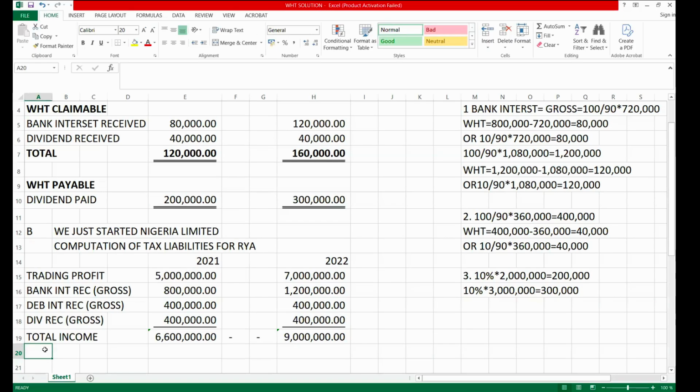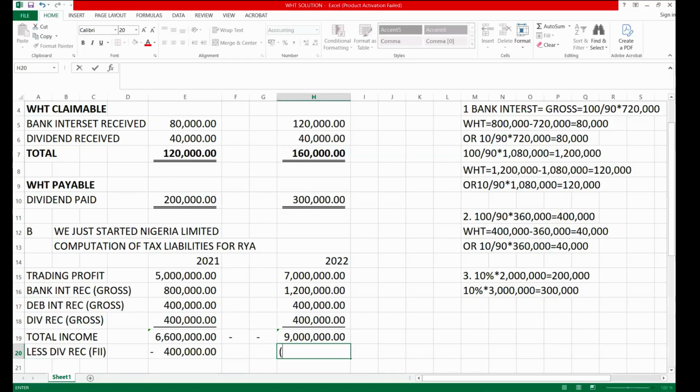So the withholding tax on it is final and we must eliminate it. So you say less dividend received, which is franked, you eliminate the dividend in bracket, 400,000. You also eliminate it here in bracket, 400,000.